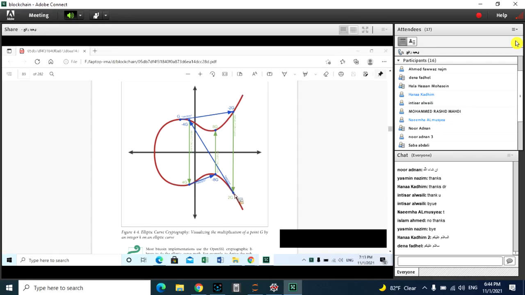Drawing a tangent line plus G again, we find G plus G plus G plus G, 4 times G. If I can find K times G, then it means that I find the answer of the equation.